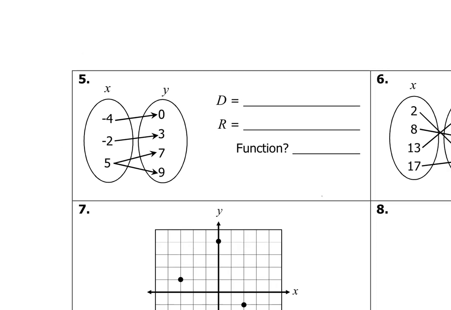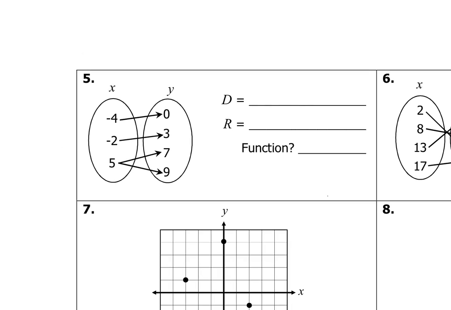So we're going to be looking just quickly at number 5. This is called mapping, and this was something we didn't have a chance to cover. I'm sorry, before I ran out. So we have our x values on one side, and those x values are mapped to y values. So we have x equals -4 in this set. We have x equals -2 in this set, and x equals 5 for the domain.